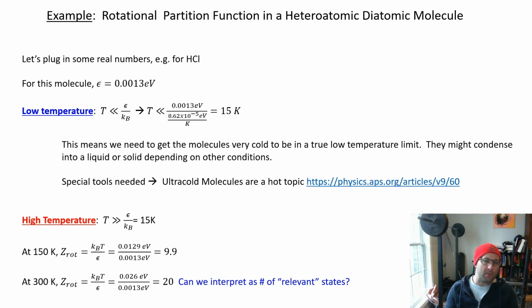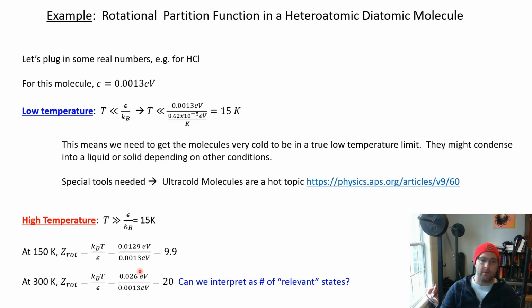That's a dangerous analysis. Remember, many, many more states could actually have a significant probability of occupation under those conditions. So it's really an intuition, but not a quantitative result.